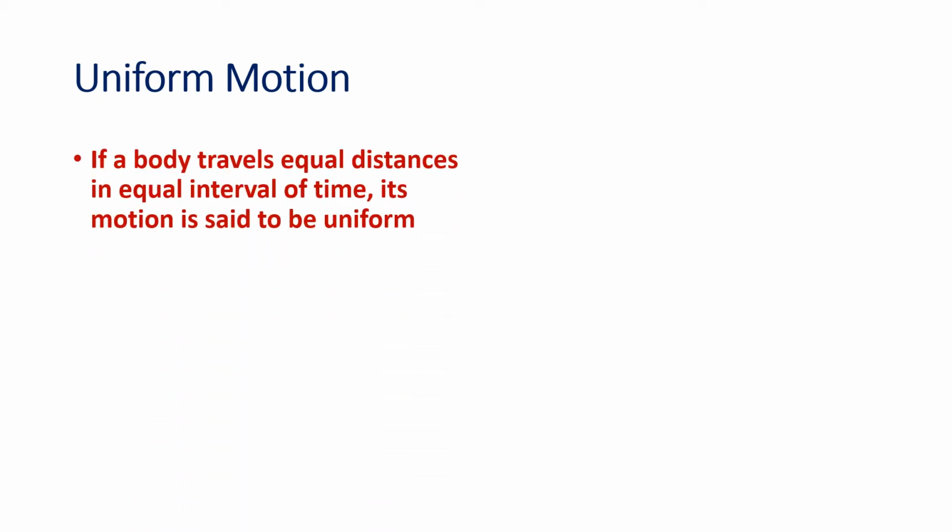So that is the formula for speed. Now we come to another term, uniform motion. When the word uniform comes, it means same, something which is the same. So let us see the definition of uniform motion. If a body travels equal distances in equal intervals of time, its motion is said to be uniform. So the things that take place at the same pace, that is, covering equal distances in equal intervals of time, we say that the motion is uniform.